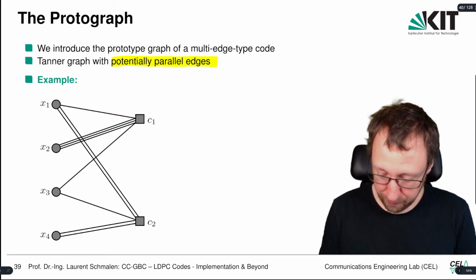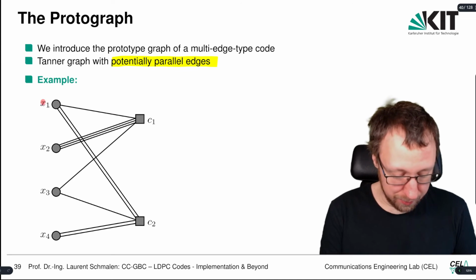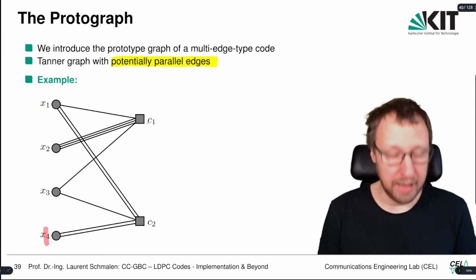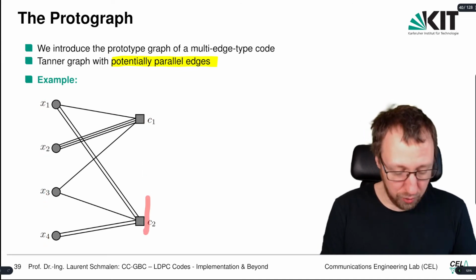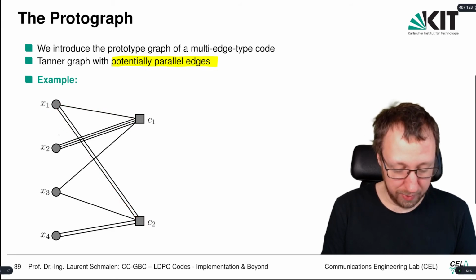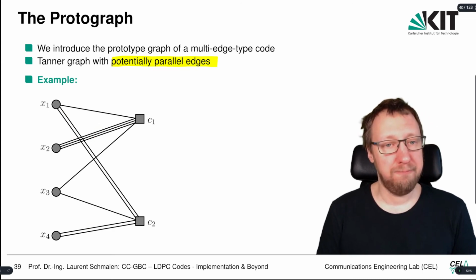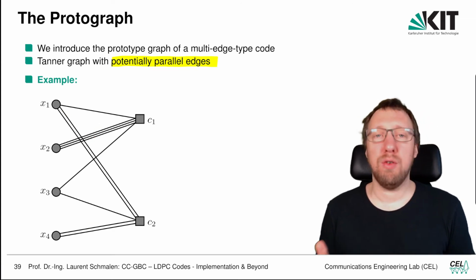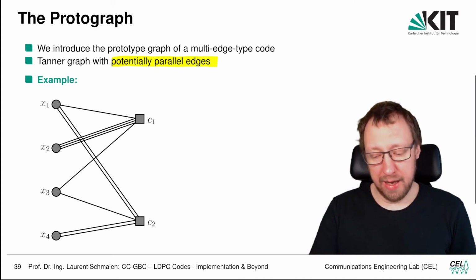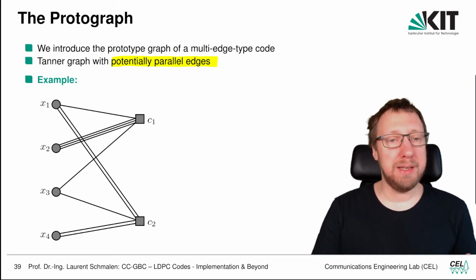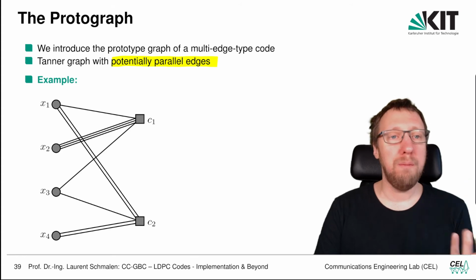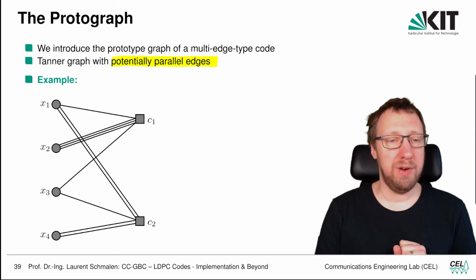We have 4 variable nodes, x1, x2, x3, x4, and 2 check nodes. And we see that we have parallel edges here: 2 parallel edges, 3 parallel edges, 2 parallel edges. Obviously, this is not an LDPC code, and we can construct an LDPC code using a so-called copy and permute operation.